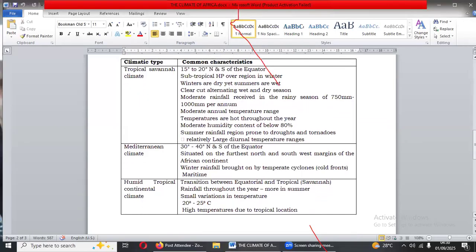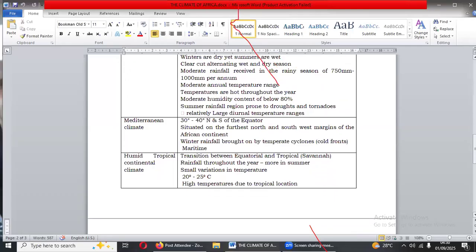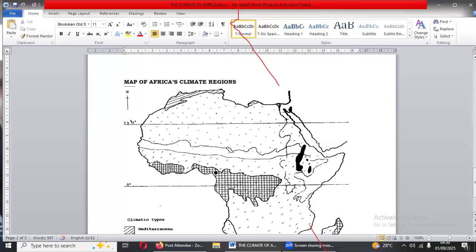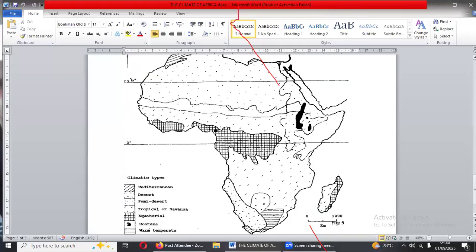We are having what we call Mediterranean climate, humid tropical continental climate, and others. Kate asked about one thing: can I know the factors influencing climate? And that is where our research question comes from.